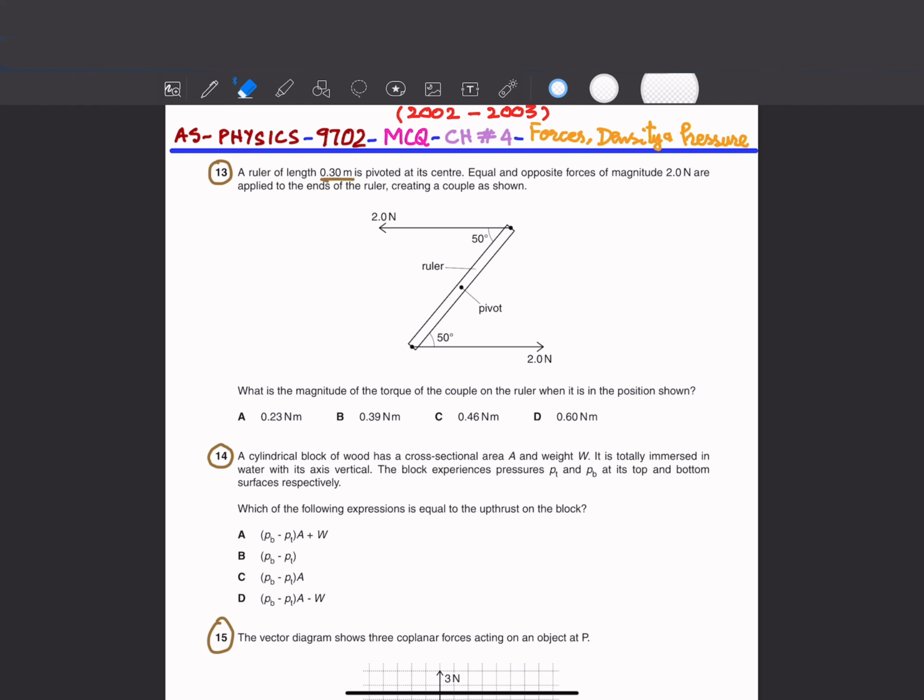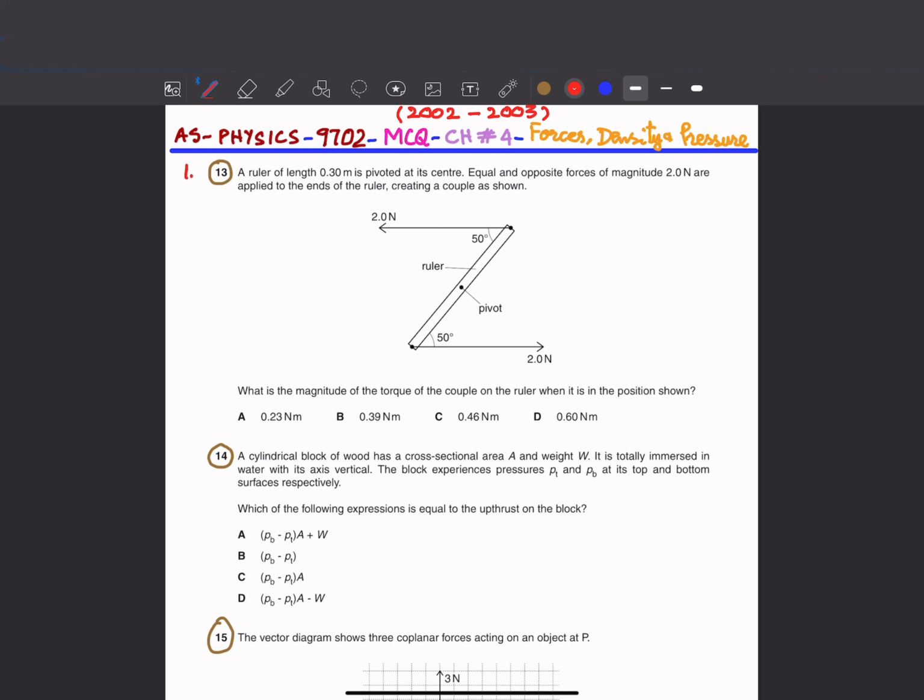As far as this question is concerned, question number 13, which will be question 1 for our sequence: a ruler of length 0.30 meter is pivoted at its center. Equal and opposite forces of magnitude 2 Newton are applied to the ends of the ruler.